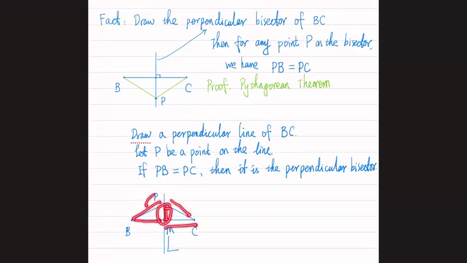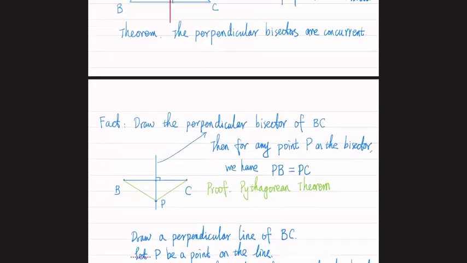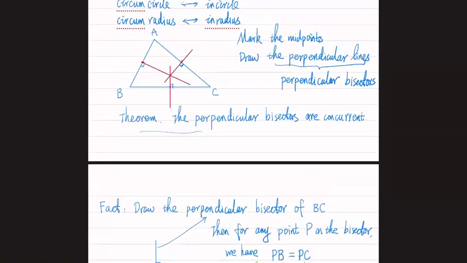With a common side, the same square, these two must be the same. Midpoint, bisector. So again, Pythagorean theorem. Okay, I will skip the details. Now we are ready for the proof of the theorem.